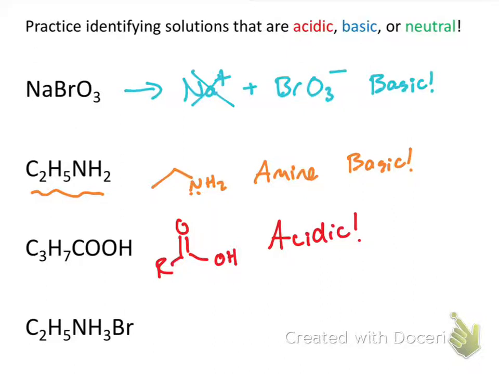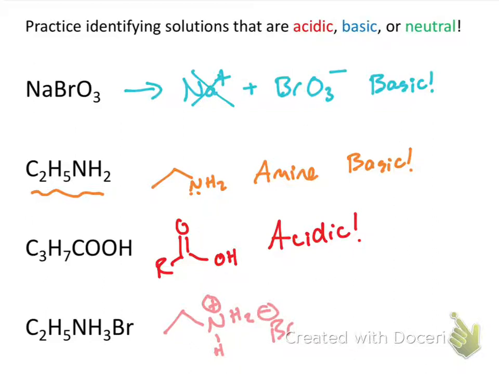Alrighty. And then finally, we have this down here. This might look strangely familiar, well, similar to something that we've seen before. This is actually an ammonium salt. So an ammonium is what you get when you have a nitrogen with 4 bonds on it, has a positive charge, and this one's just being counterbalanced by a Br-.